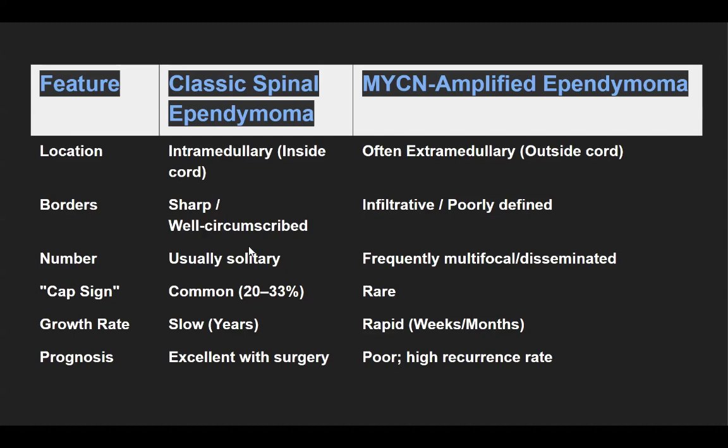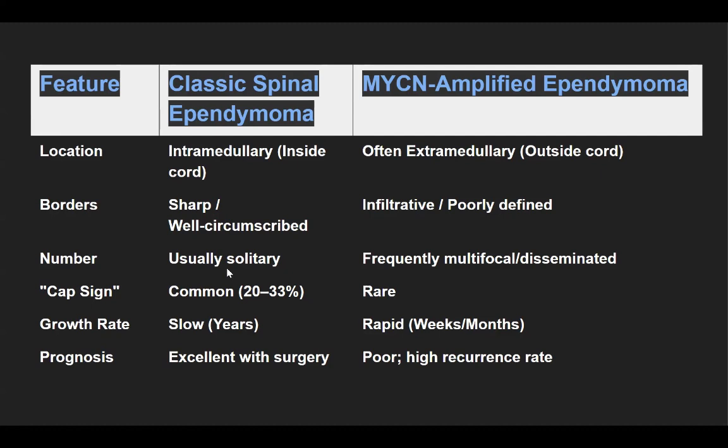Classic variant is often well circumscribed. The MYCN variant is infiltrative, poorly defined. Why does that matter for us? Because GTR is not often possible in them. Usually, classic variant is solitary, and MYCN on presentation is frequently disseminated with leptomeningeal metastasis.